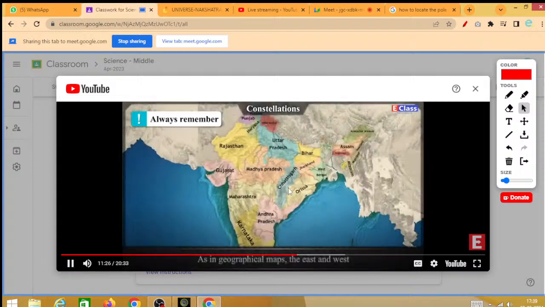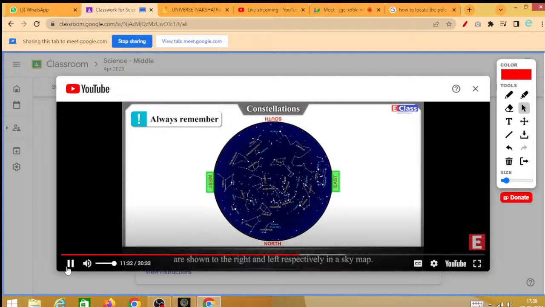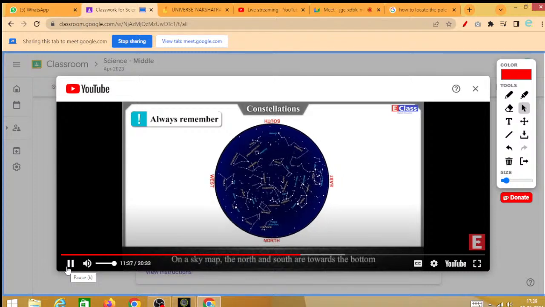Five, as in geographical maps, the east and west are shown to the right and left respectively in a sky map. Six, on a sky map, where are they shown? East and west, right and left, north and south.